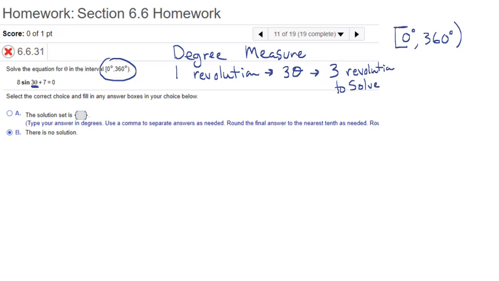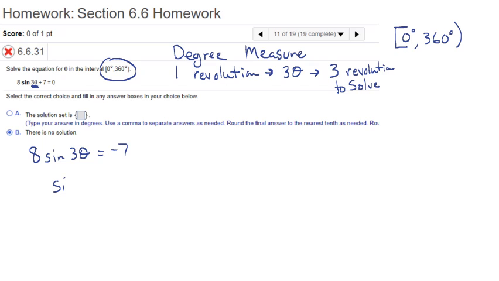So 8 sine of 3 theta plus 7 is equal to 0. If I subtract 7 from both sides, that's what I get there. Divide by 8 gets me a negative 7/8 on that side, and we have a little problem on our hands. Again, because of that negative, we're going to think of reference angle, then we're going to think of what to do about it.